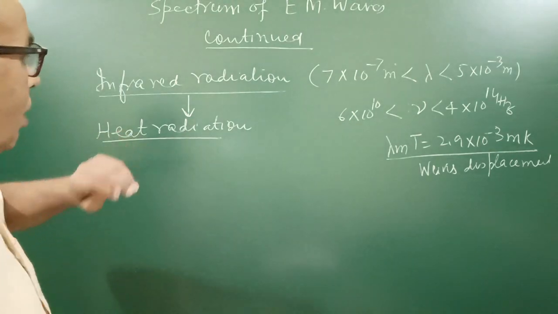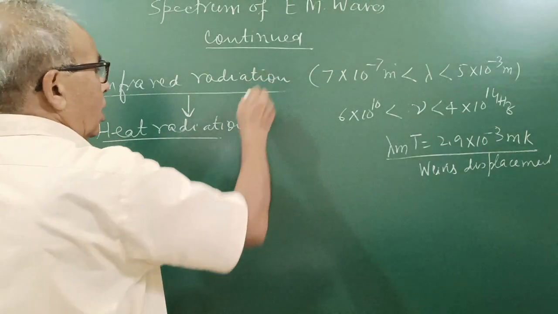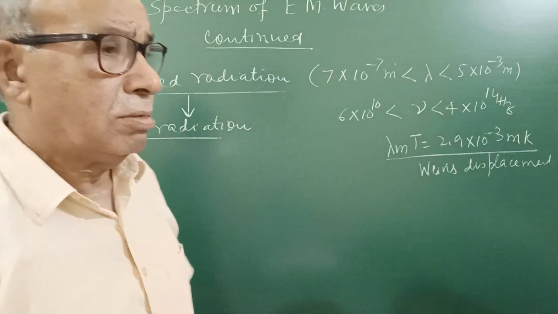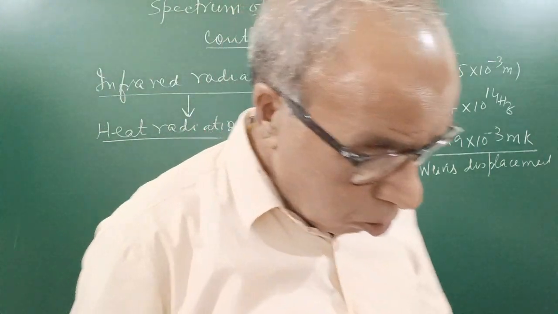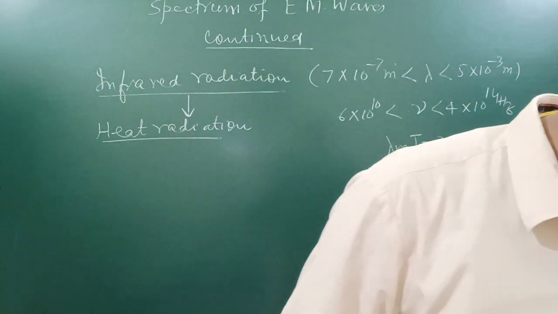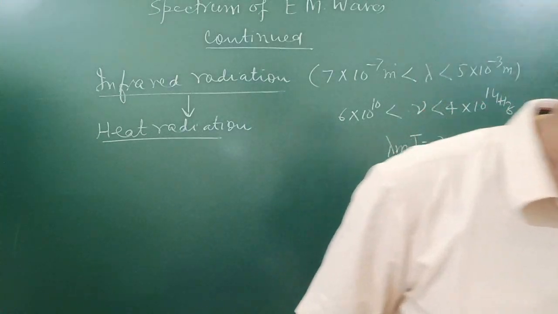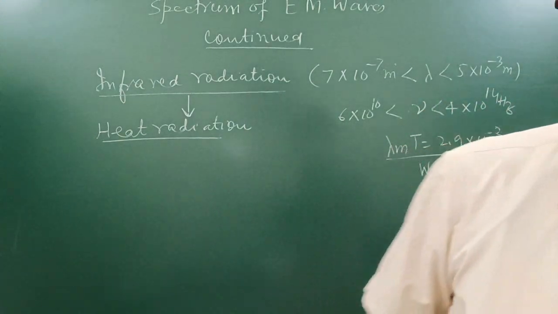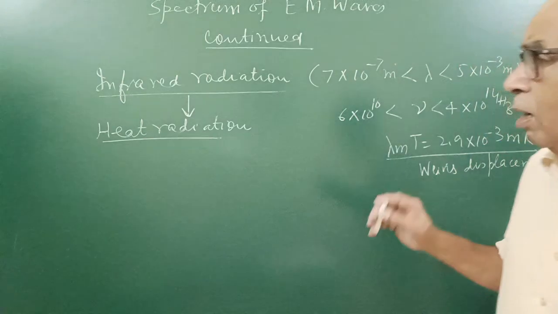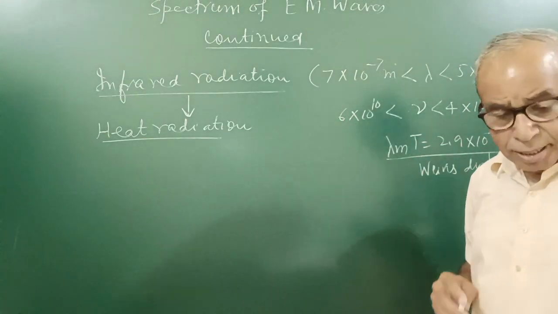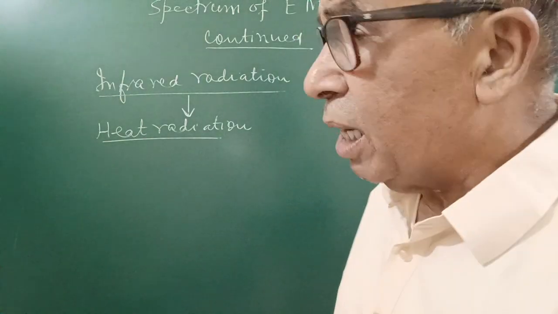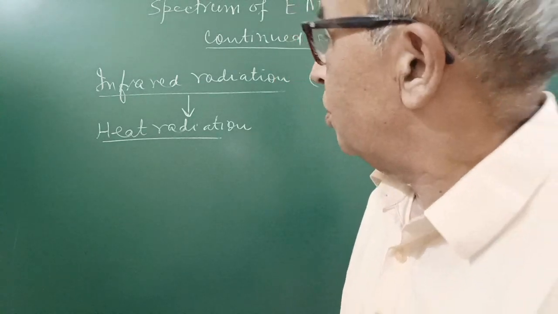Heat radiation is mainly used to heat up a material, and also in drying clothes, etc. Now, I want to discuss one very important thing given in the NCERT book, not any other book.